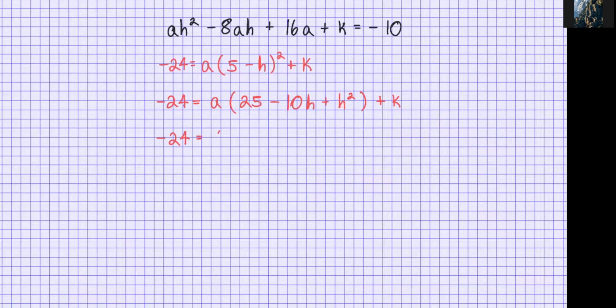Negative 24 equals 25a minus 10ah plus ah squared plus k. So final rearrangement, I have ah squared minus 10ah plus 25a plus k equals negative 24.